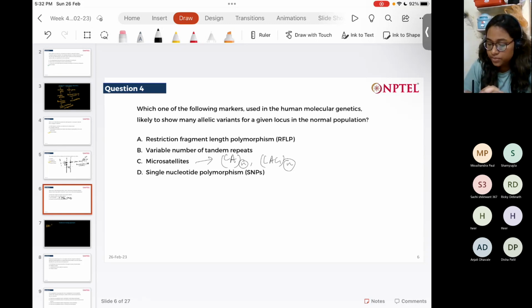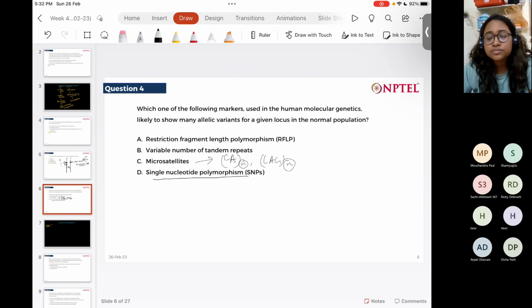And then there are single nucleotide polymorphisms, which are nothing but a base substitution that has happened at a particular site within the gene. People have identified these SNPs and use them for tracking polygenic disorders, and they are also present in both normal and affected populations.